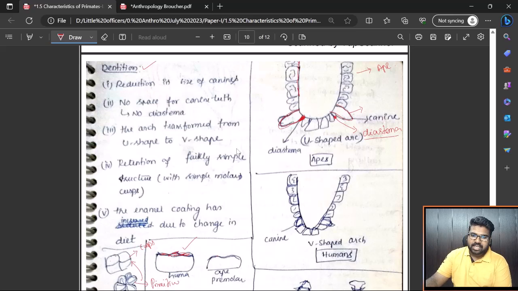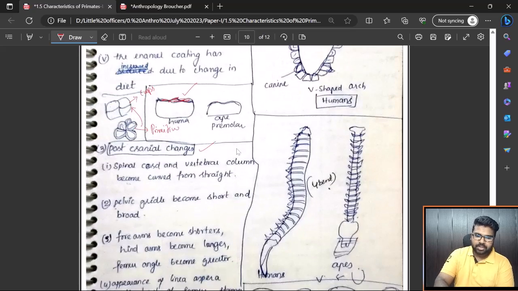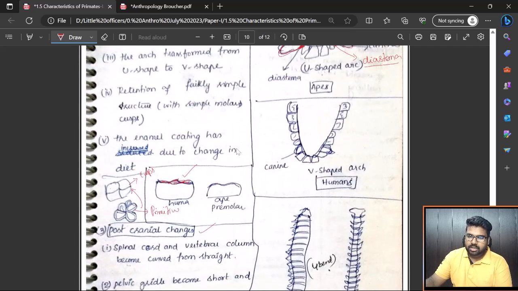Second thing is the dental arcade is in the shape of a U. Okay. What it means is, if you are looking at the teeth of an ape or any kind of primitive animal, the dental arcade will be in the shape of a U because of its protruding jaw, and here you have the incisors, and the canines are very big, and then you have two premolars, then you have the molars, 3 big molar teeth.